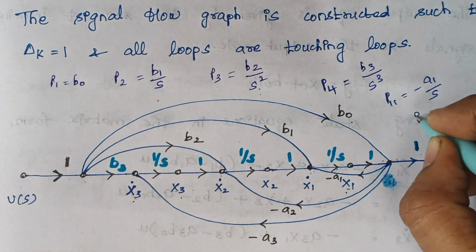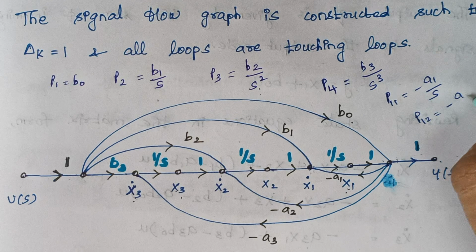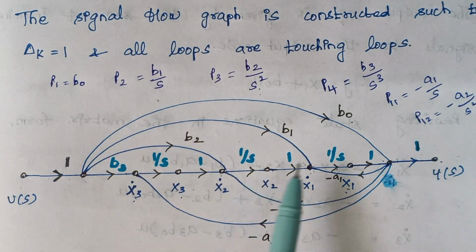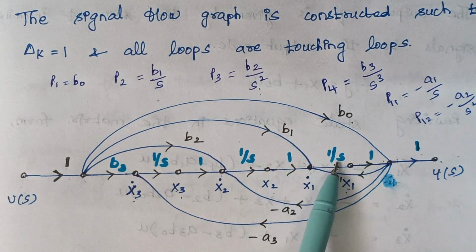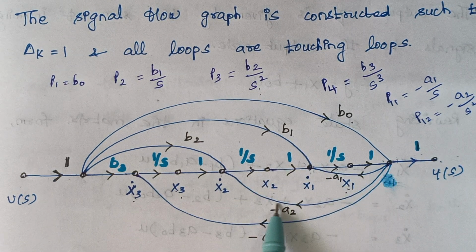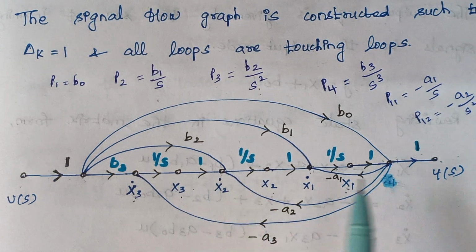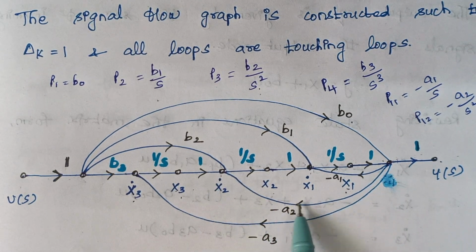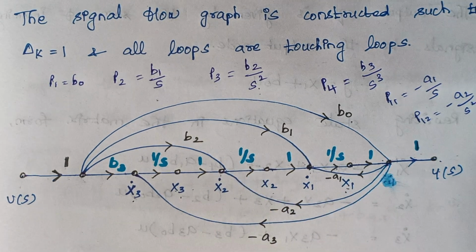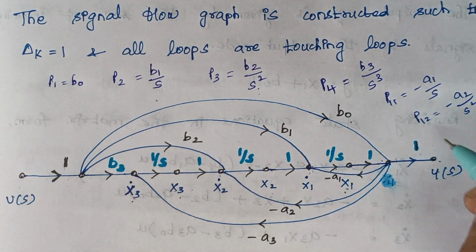And the next thing is the second loop gain is minus a2 by s square. As usual, 1 by s into 1 by s contributes s square. So you start a loop from here and just proceed over here and end over here. So here it is minus a2. So minus a2 into 1 by s into 1 by s gives minus a2 by s square, right?